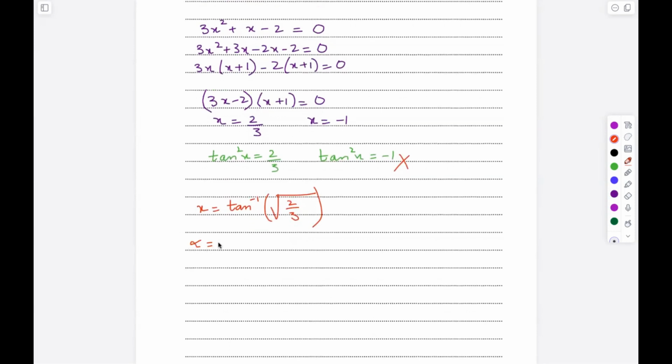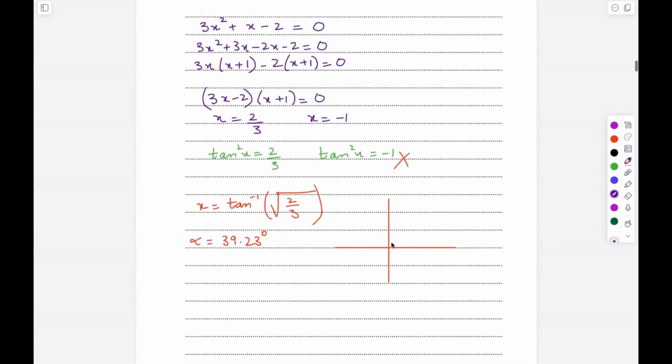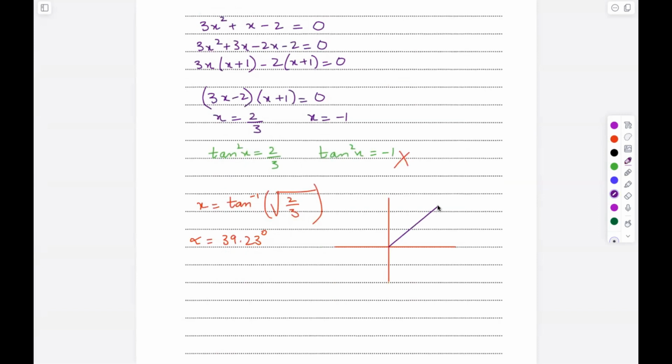Now the basic angle is 39.23 degrees. As it is a square root, we can have both positive and negative values, and the range of theta in this case is from 0 till 180. So we take 39.23 in the positive quadrant of tan, which is the first quadrant, and in the second quadrant, as tan is negative in the second quadrant, we can take the negative value as well due to the square root.